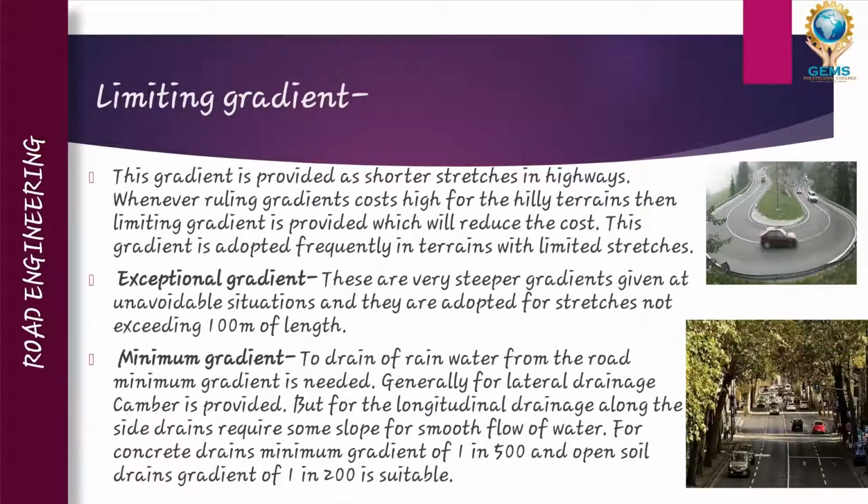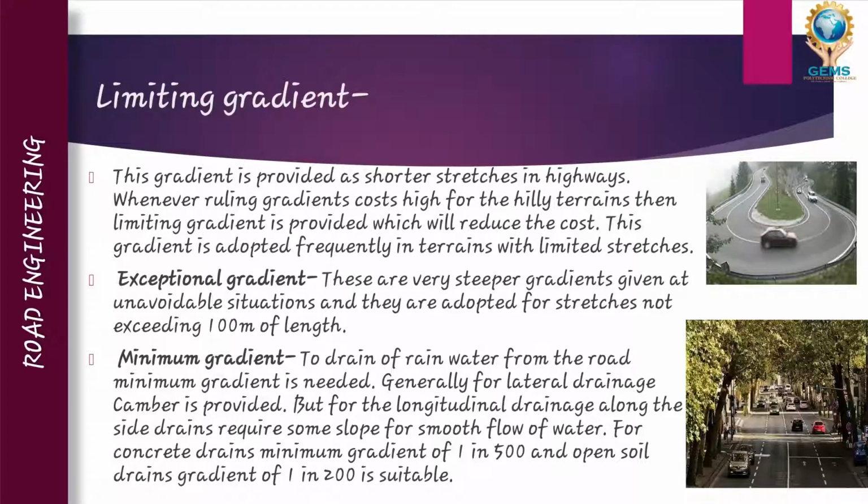Whenever ruling gradient cost is high for a hilly terrain, then limit gradient is provided, which reduces the cost. The gradient is adopted frequently in the terrain with a limited stretch. Limit gradient is nothing but giving a short stretch in a highway for reducing the cost of construction.